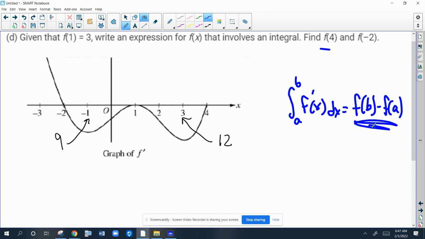So this is the net change of the actual function, not f prime, but the actual function from a to b. Now, that's not enough to give us any values of a function. We would need an initial condition. So you use the initial condition and then you add the change from where the initial condition starts to where we end.